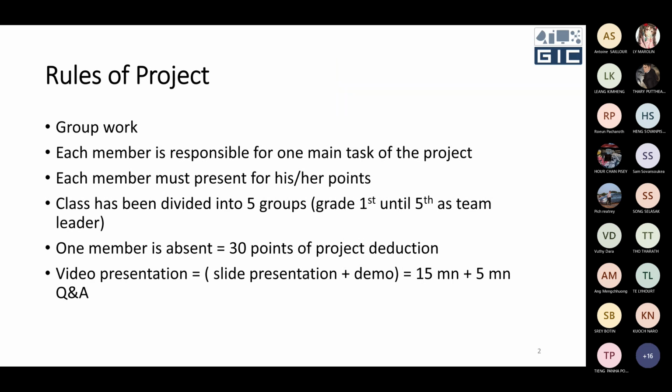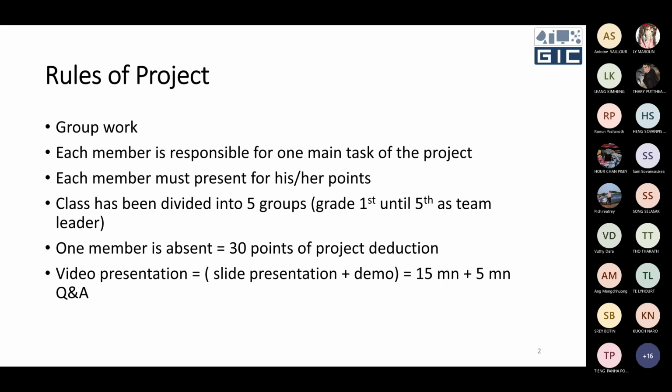This is the rule of the project. Our project must be done by a group. Everyone inside the class must work together as a group. Each member is responsible for one main task of the project. So in your project, you have to divide the main tasks among each member of the team, and then each person is responsible for those main tasks.